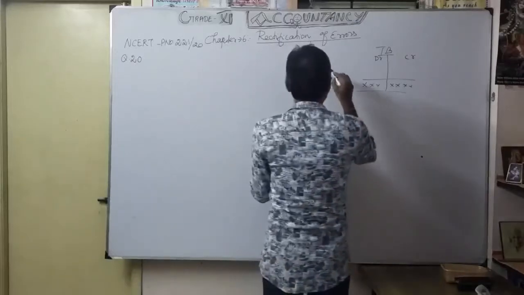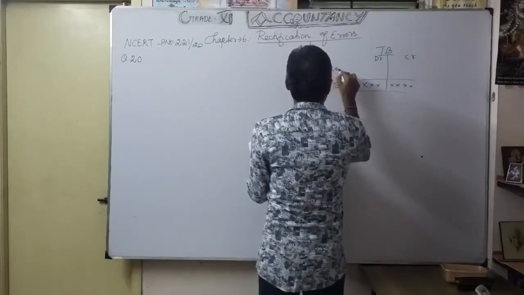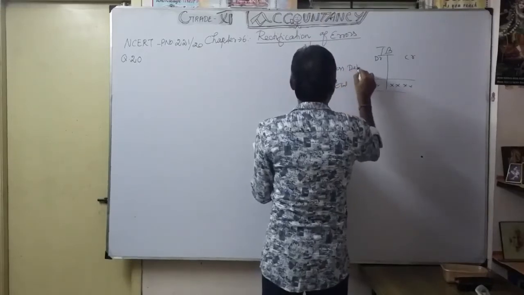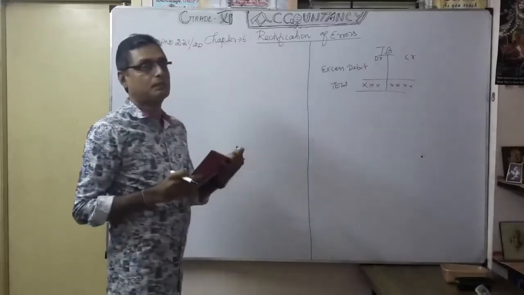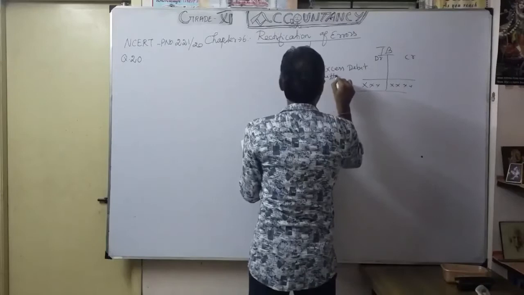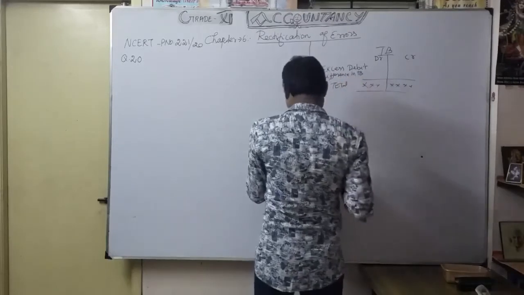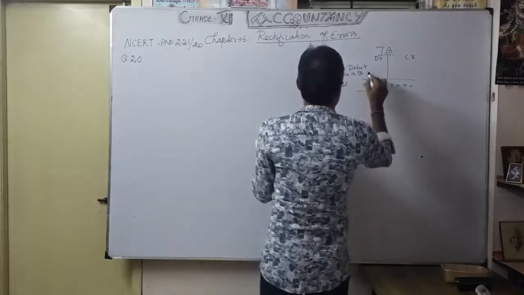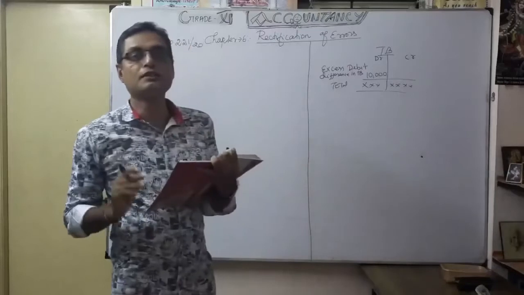So the debit side is more. That is what excess debit means, nothing but a difference on the debit side, a difference in the trial balance. How much? They gave 10,000. If it is like this, how are you going to show it in the suspense account?